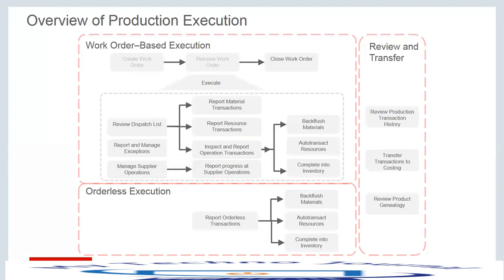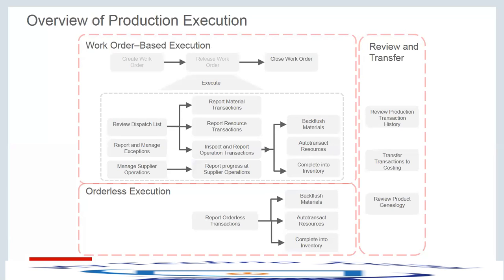Now, when you use the dispatch list, if the components which are defined in the work definition or which are part of the work order, based on the supply type, if it is push, then you have to transact the materials manually, okay, wherein you have to go to the task report material transactions, where I open that particular task and issue the material against that particular work order.